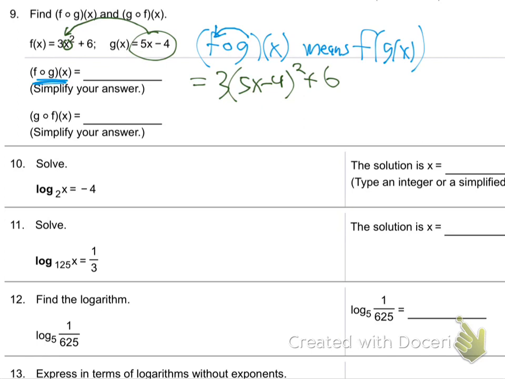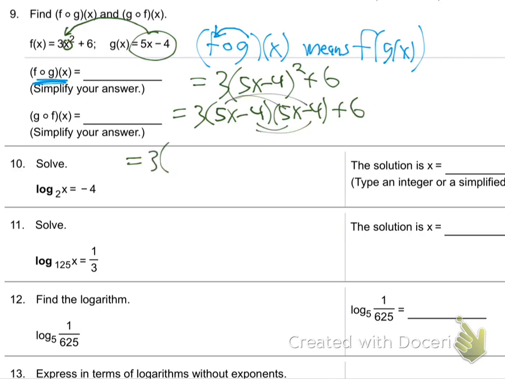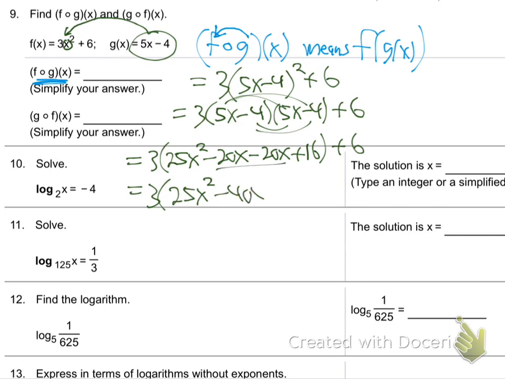Am I good? Okay. And now where do we go from here? Well, I'm going to leave the 3. Going to FOIL this out. 25x squared minus 20x minus 20x plus 16 plus 6. 25x squared minus 40x plus 16.